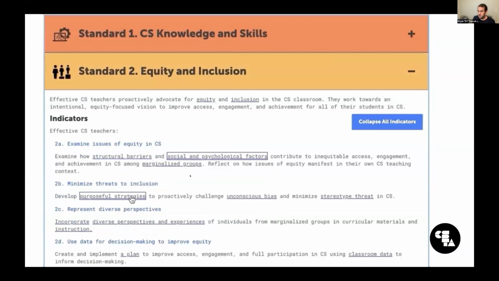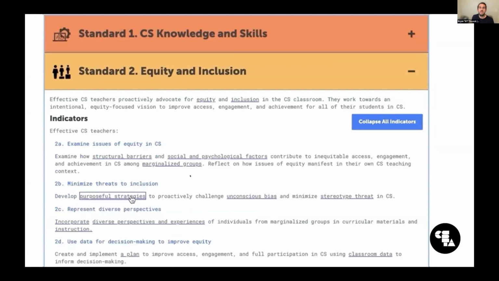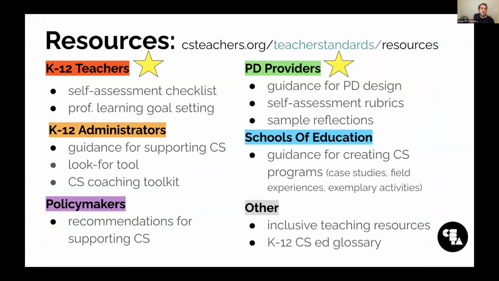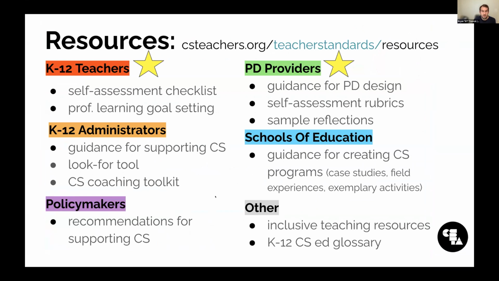And I think one more thing. Can you advance a couple slides, please? Okay, and one more thing here is that there are a lot of resources that align to the teacher standards. Previously, we've shown for PD providers, there are some self-assessment rubrics to look at coverage as well as sample reflections on that.